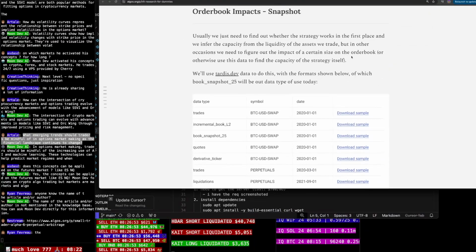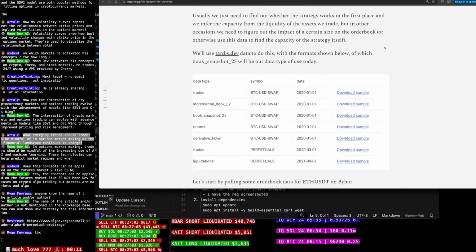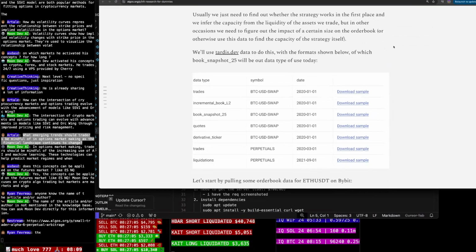Usually we just need to find out whether the strategy works in the first place, and we infer the capacity from the liquidity of the assets we trade. But in other occasions, we need to figure out the impact of a certain size on the order book, or otherwise use this data to find the capacity of the strategy itself. So tardis.dev is what he's using, dude.